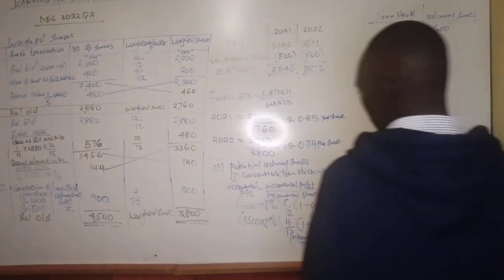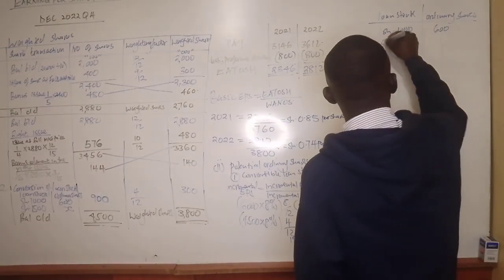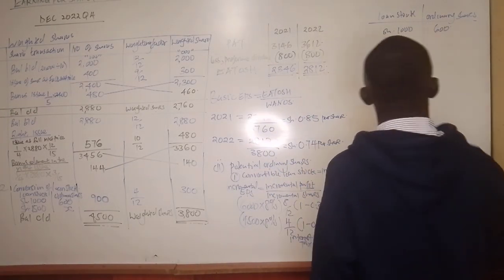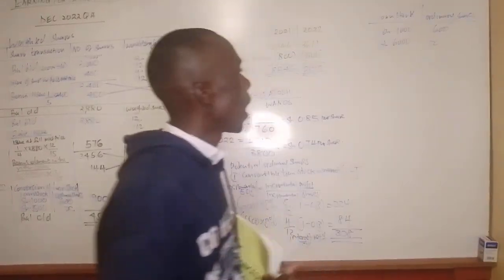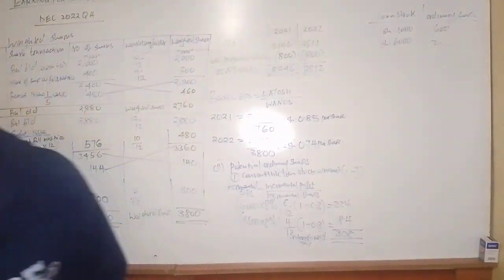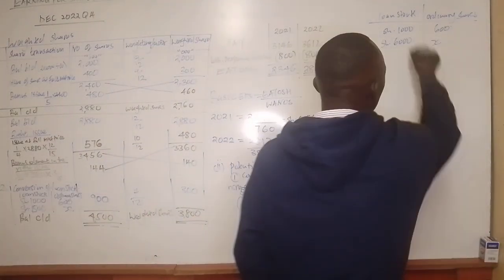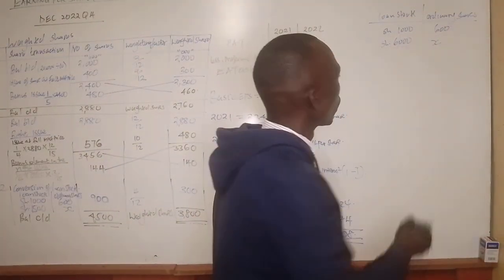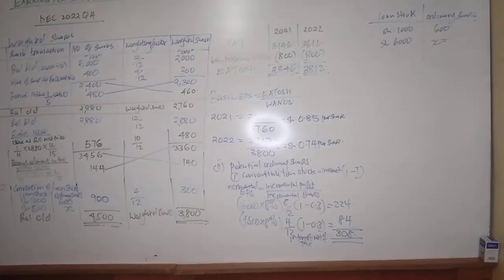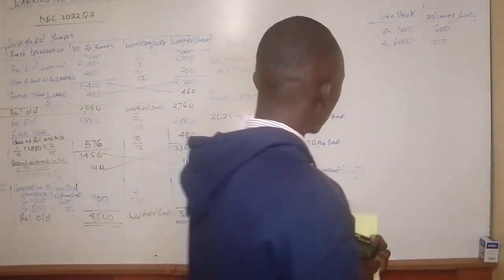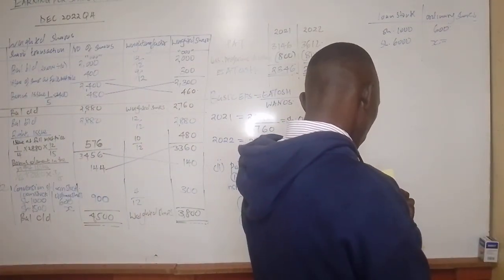So the question you will ask yourself, what about shillings 6 million? It is very easy. You cross multiply. So when you cross multiply, how many shares? It will be 600.